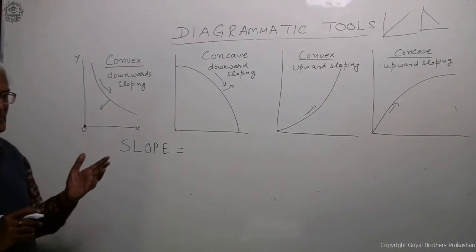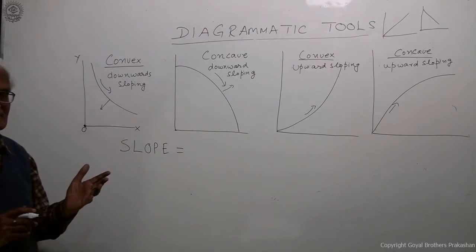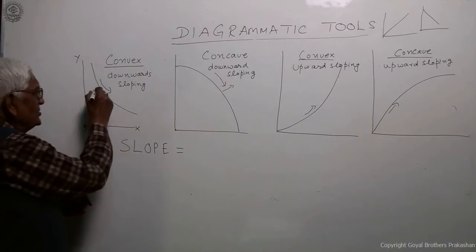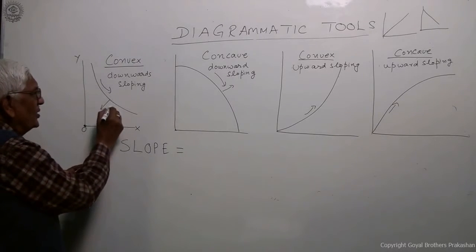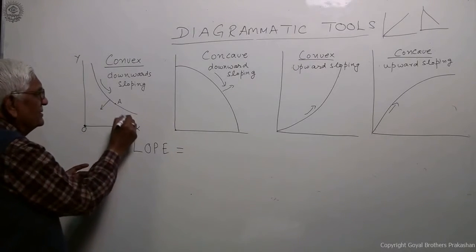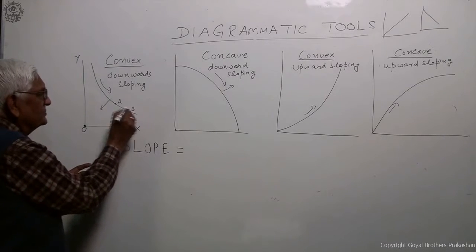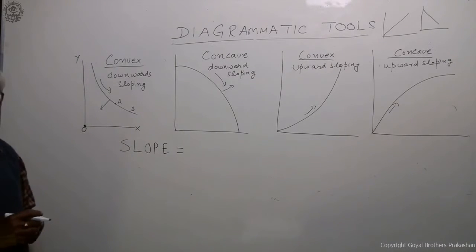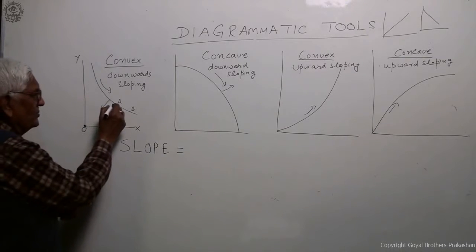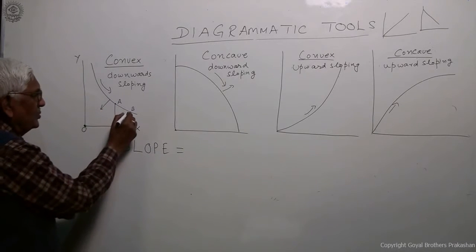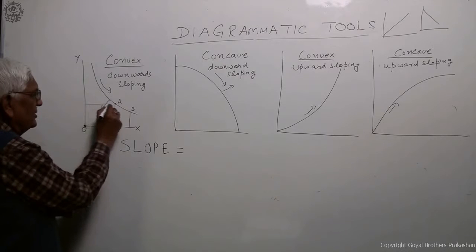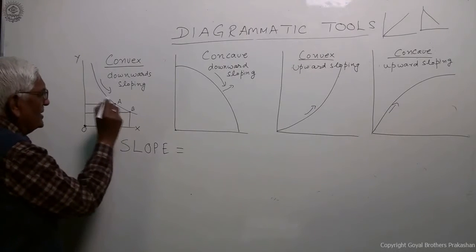Now, what is a slope? Suppose you move from this point A to this point B. When you move from A to B, what is happening?